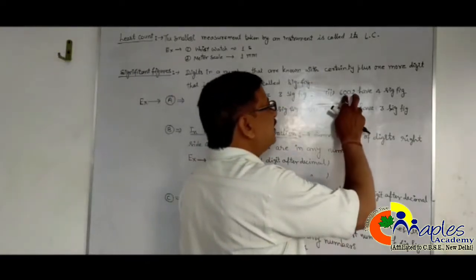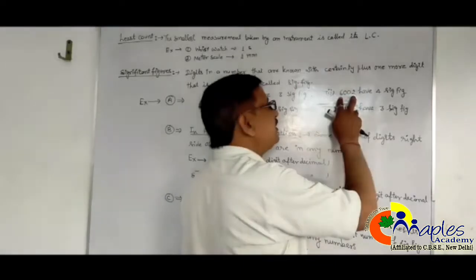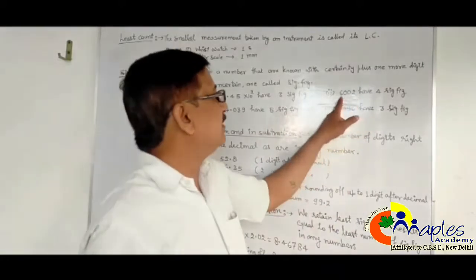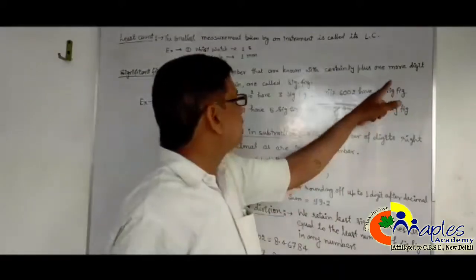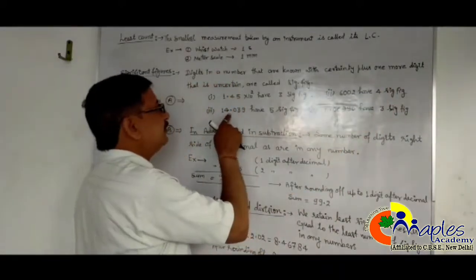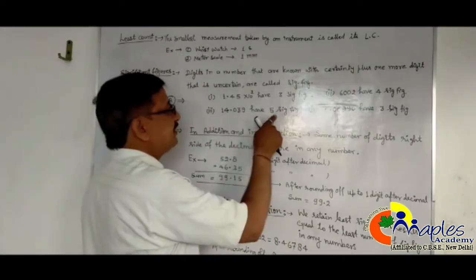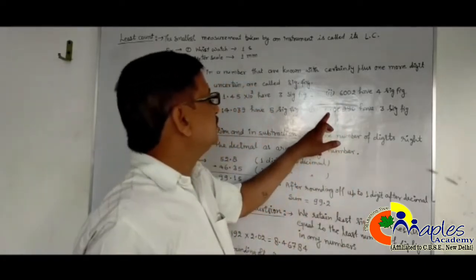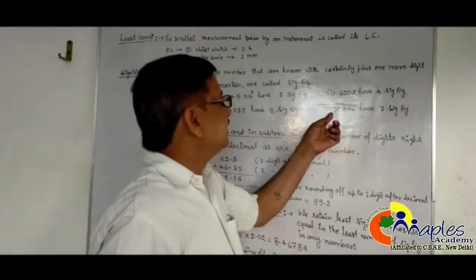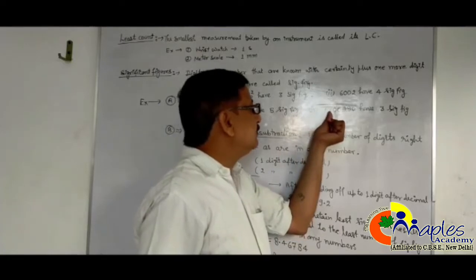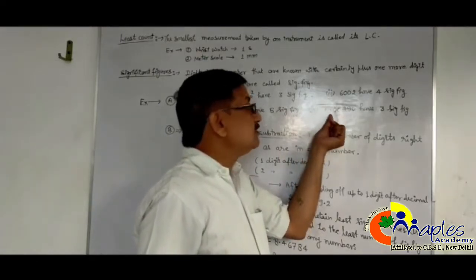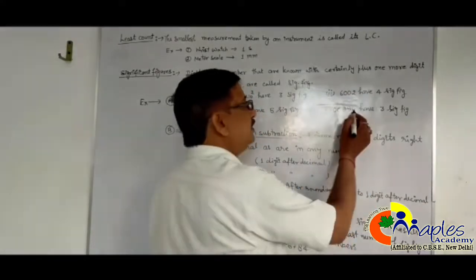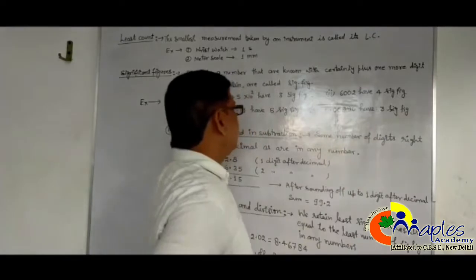If zeros are between two non-zero digits, they are counted as significant figures. So 1, 2, 3, 4, four significant figures. And similarly here, no effect of the decimal, 5 significant figures. And if there is no digit before the decimal, only 0, then we leave out the zeros just after the decimal, but the last one is counted as a significant figure, so we count 1, 2, 3, three significant figures.